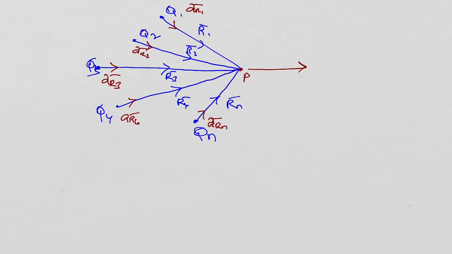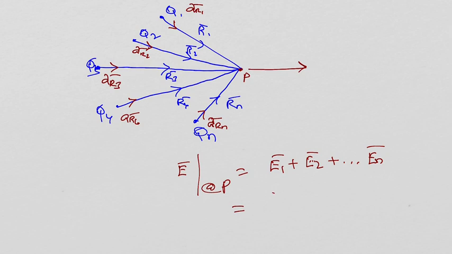The combined electric field intensity at point P, having known the distances from each charge, given as R1, R2, R3, R4, Rn, and the unit vectors. So the total electric field intensity at point P is the vector sum of the individual electric field intensities: E1, E2, E3, etc. The last one is the nth component.